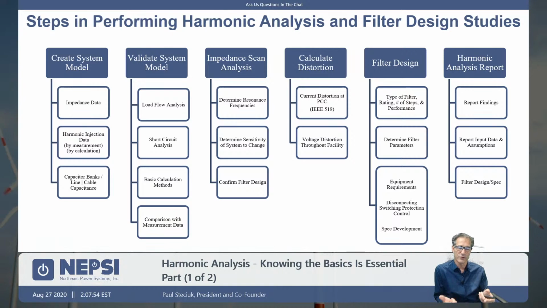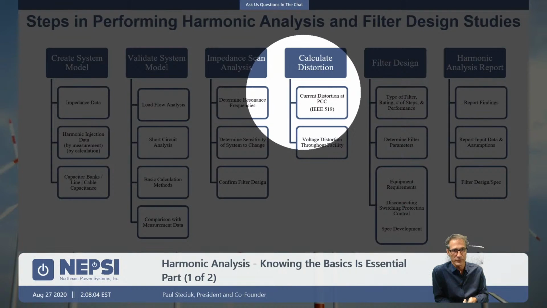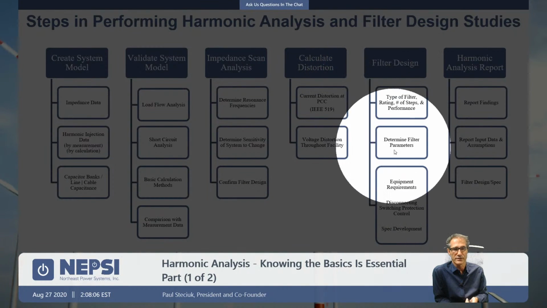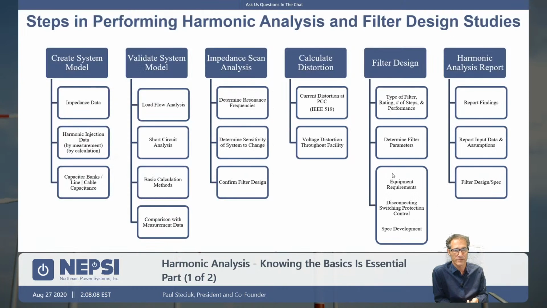And finally, if you have a harmonics problem, a VTHD problem, a harmonic current distortion problem, a resonance issue, anything like that, what type of filter you would go after and what the design philosophy might be in developing a filter for that project. And finally, we'll talk a little bit about reports.